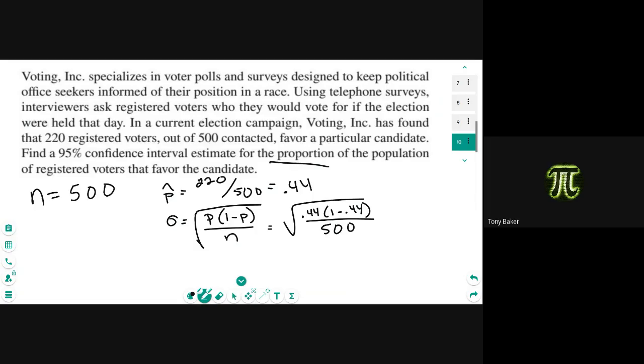So I got 0.0222. What is my Z? In proportion, you're always using Z because you always know your standard deviation because we can find it.